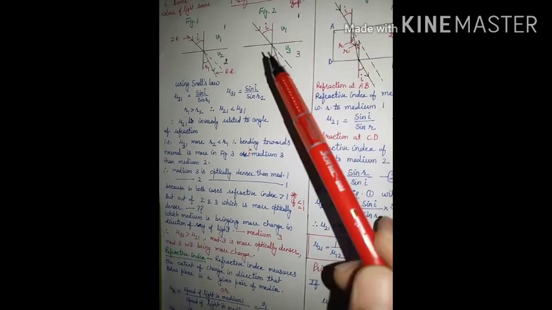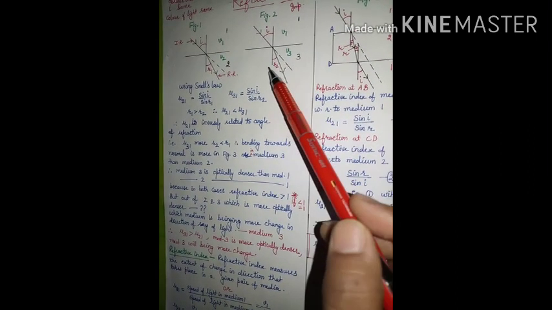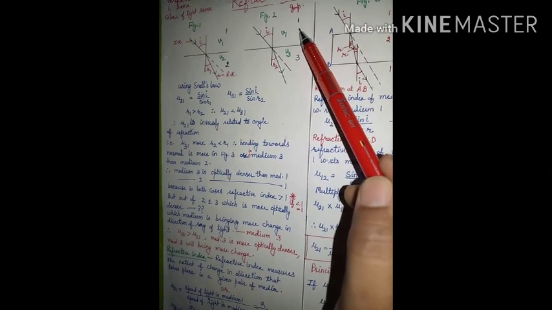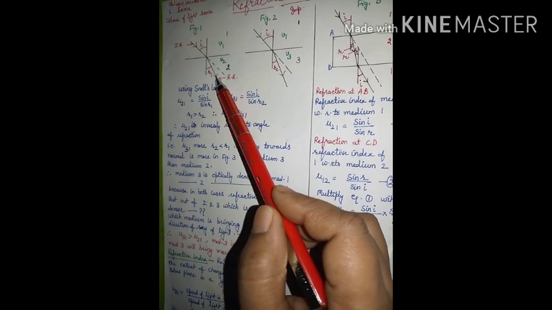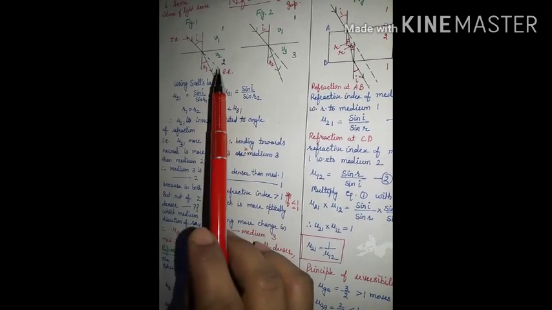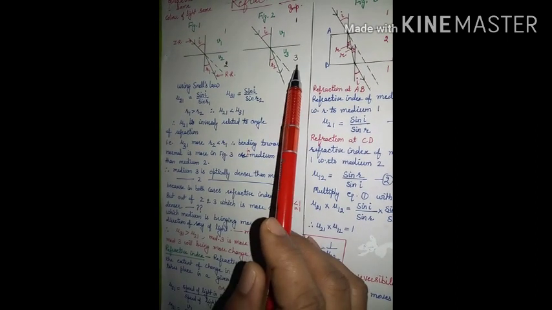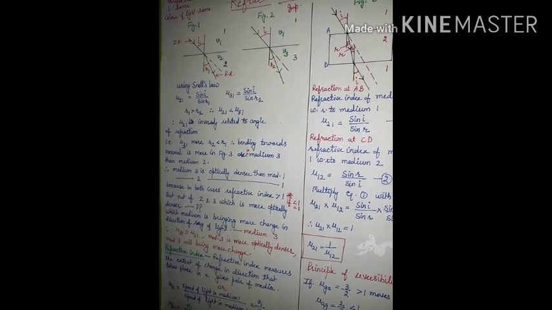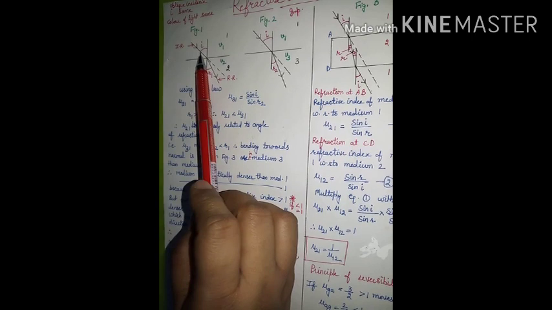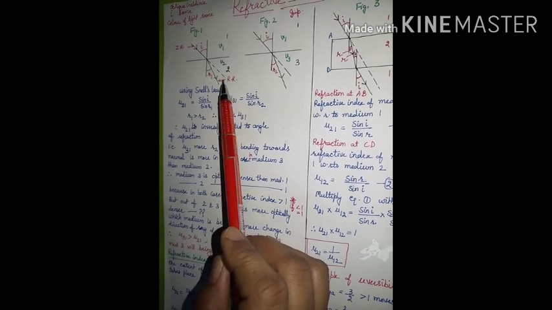So we can say that this medium is optically denser than the first medium. This medium is also optically denser than the first medium, but out of 2 and 3, which medium is more optically dense? Again repeating, this ray of light is coming from the first medium to the second medium.